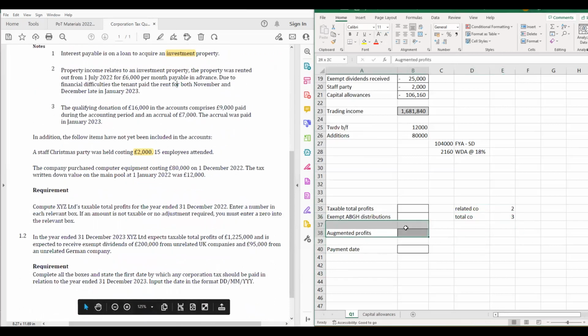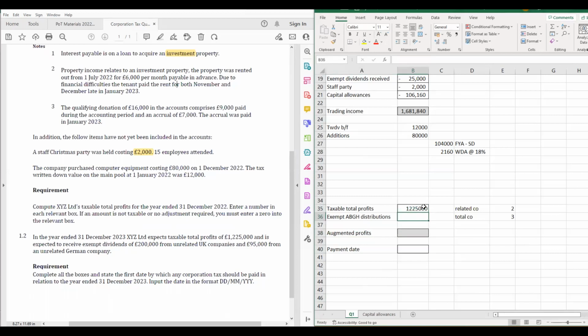Now, what we need to do, and we'll come back to that number in a second, the first thing we need to do is just calculate the total augmented profits of this company. And this is where we get the information here. In the year ended 31st of December 23, XYZ Limited expects taxable total profits of 1.225 million. So that number can go straight into there in our answer.